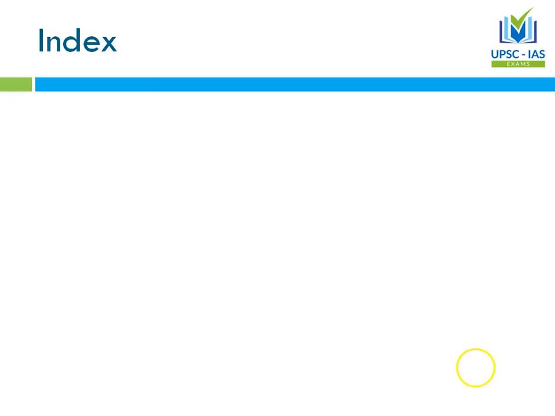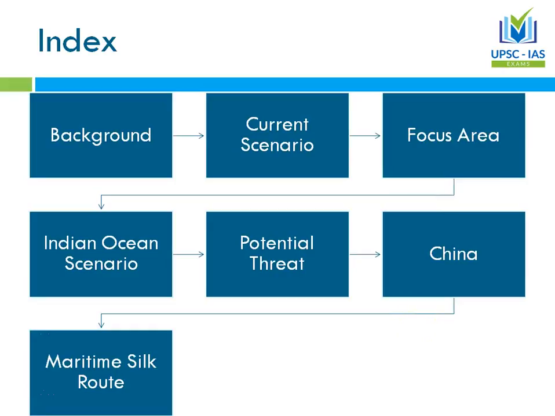Moving on, dear friends, let's check out today's index. Today we are going to talk about the background of IORA. Then we will go through the current scenario, what's going on. Then we will discuss the focus area of the IORA summit.